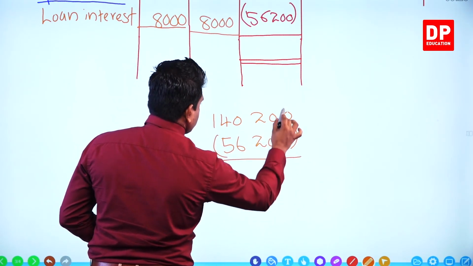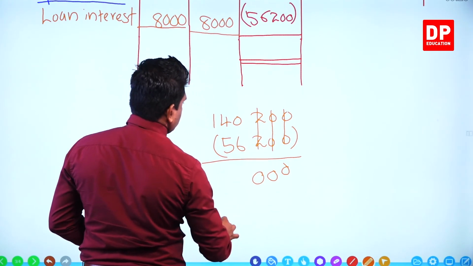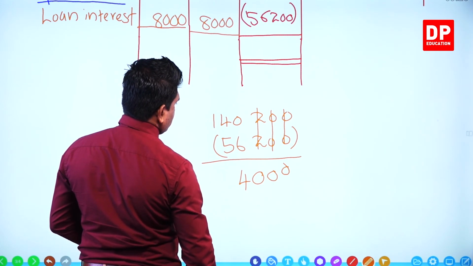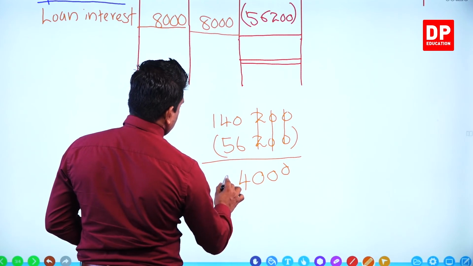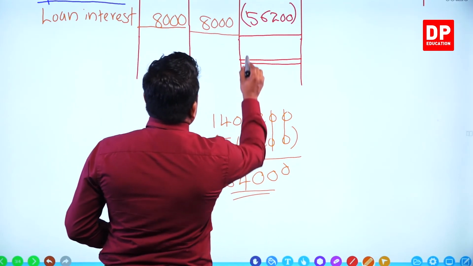Value means net profit. 84,000 is the net profit. You can write it here, 84,000.